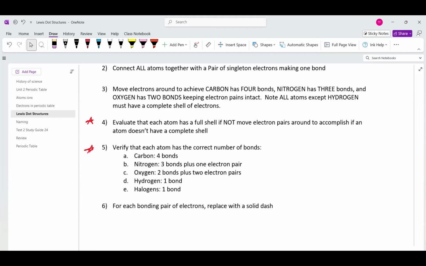So we're going to redraw this. And there's a bond here, a solid line, and we keep the pairs as part of the Lewis structure. So that's the Lewis structure for water.